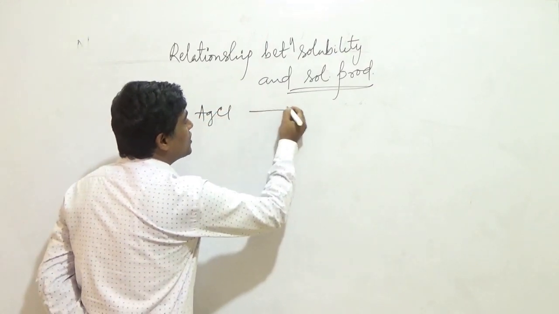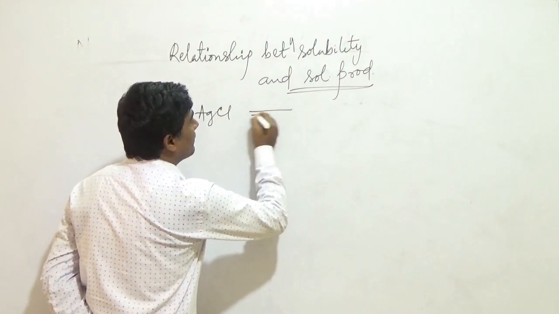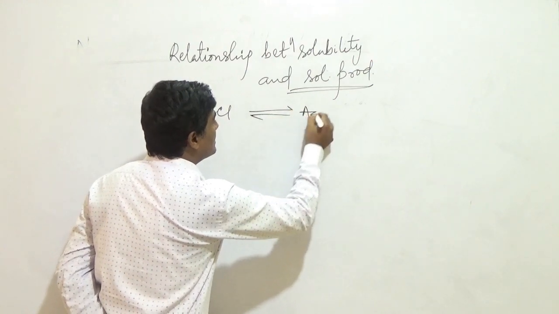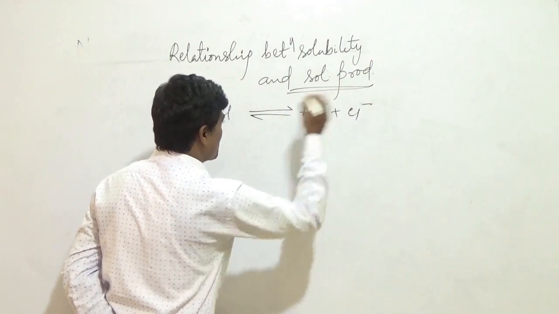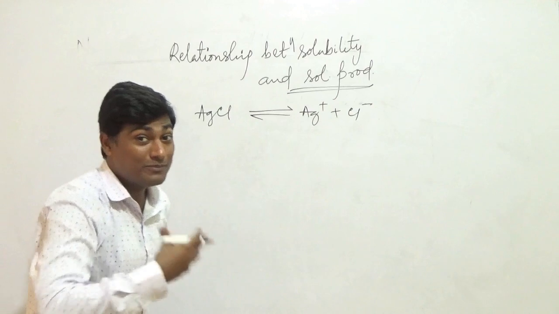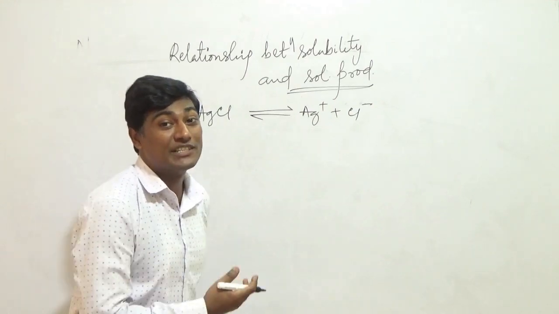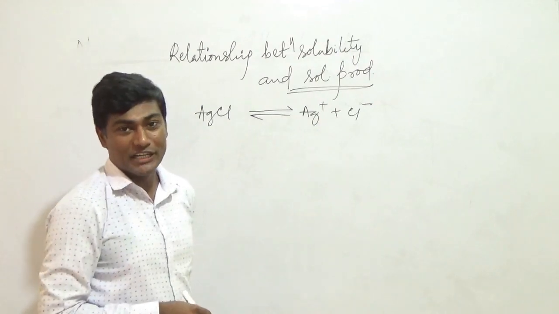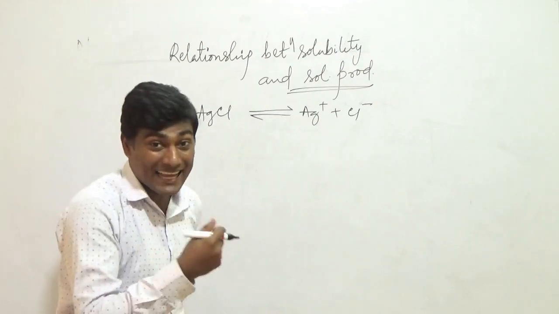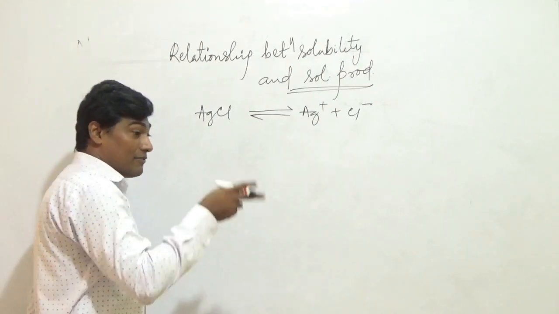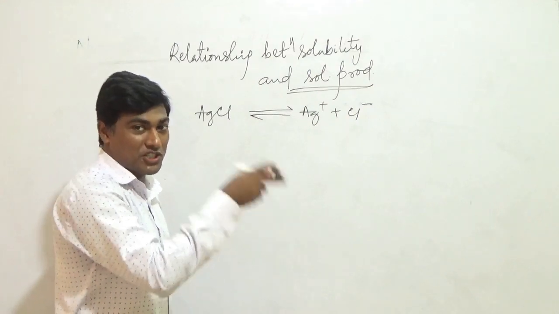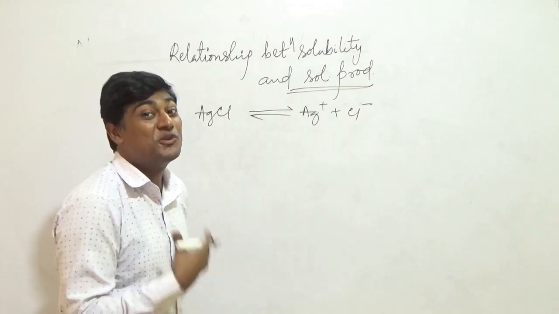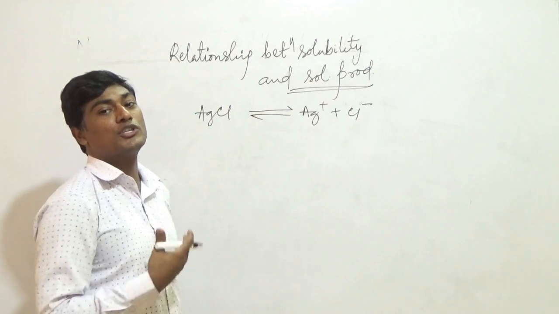AgCl gives you Ag plus and Cl minus. The whole of the silver chloride is not dissolved, and a part of it is dissolved into ions. We have already studied solubility, the maximum amount of the solute.